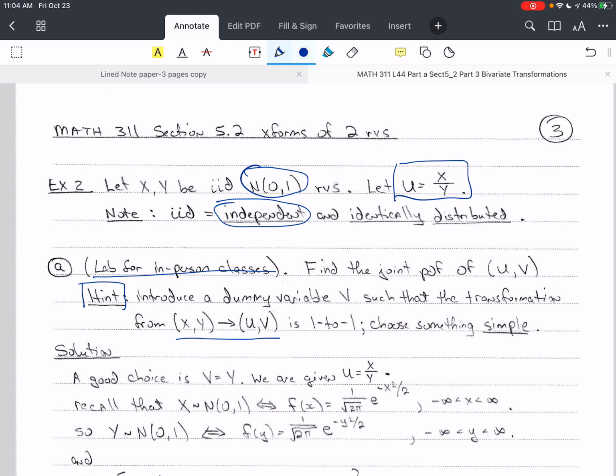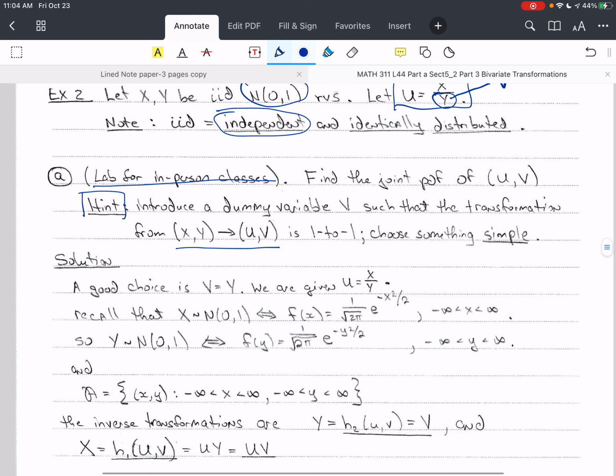The simplest thing we can do is look at the denominator and let that be v. This is a pattern you will see when you have ratios: if u is some ratio, then whatever the denominator is, you'll want to choose as v, and it works out very nicely. This is something that works repeatedly.